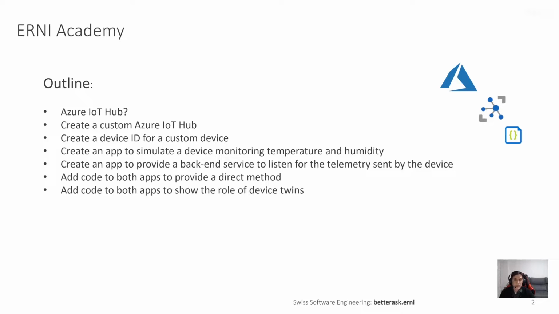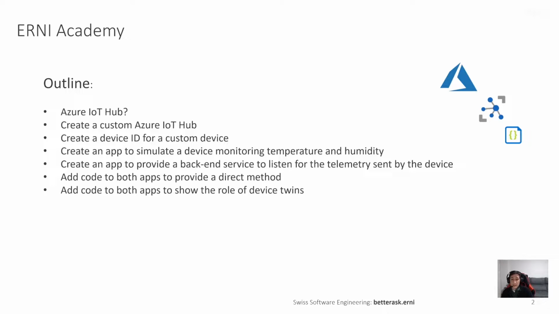in this hub, and today we don't have any real device, so we're going to simulate a device using code, and we will send messages to the cloud, and we as well will create another application to listen to this device and to communicate with this device using the IoT Hub.